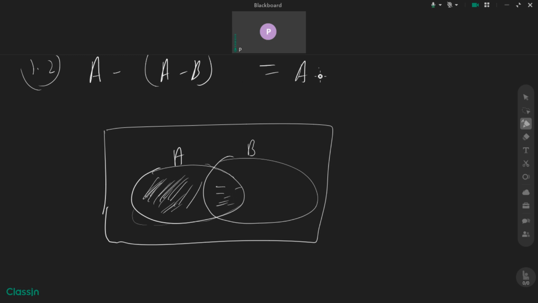So it will be A intersection B. So A minus (A minus B) equals A intersection B. Let us see the next result.